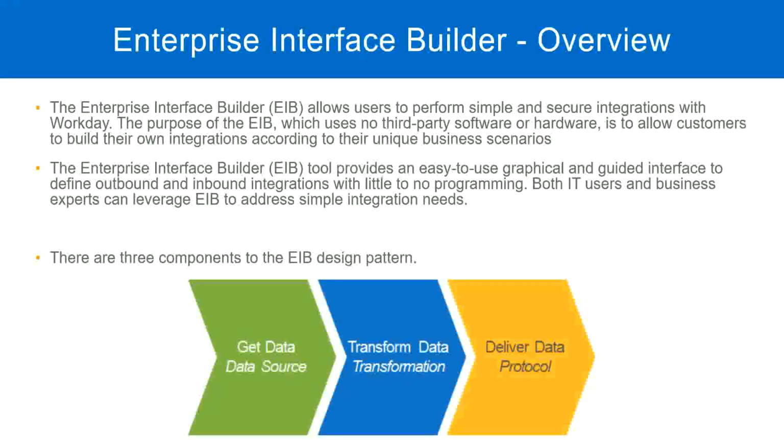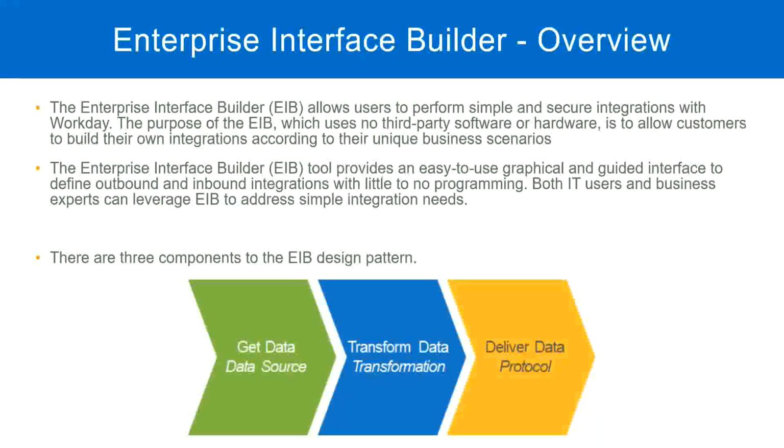Then the second step would be to modify the data, or translate the data, or transform the data into a format expected by the recipient. Isn't it? You have to convert it to a format expected by the recipient. That is transform data.